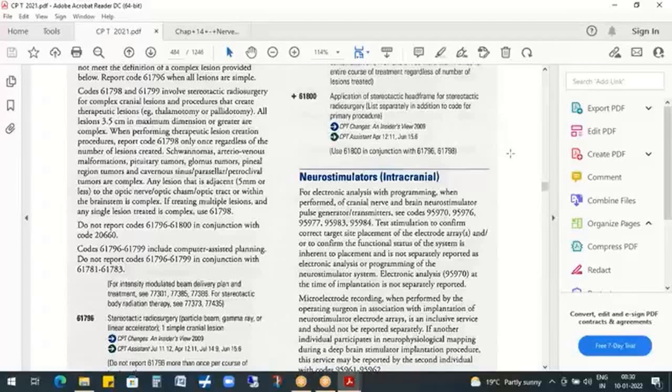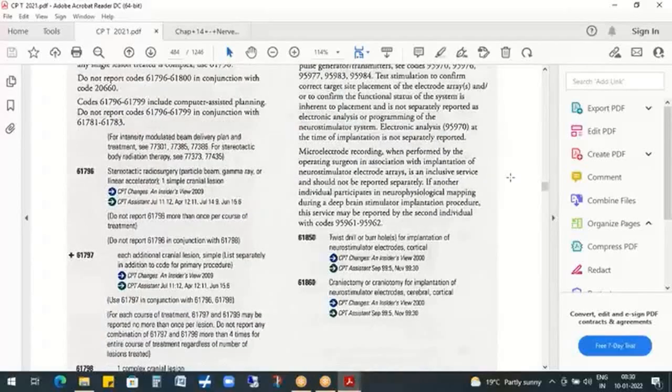Try to read the codes. Try to read the parenthetical notes.